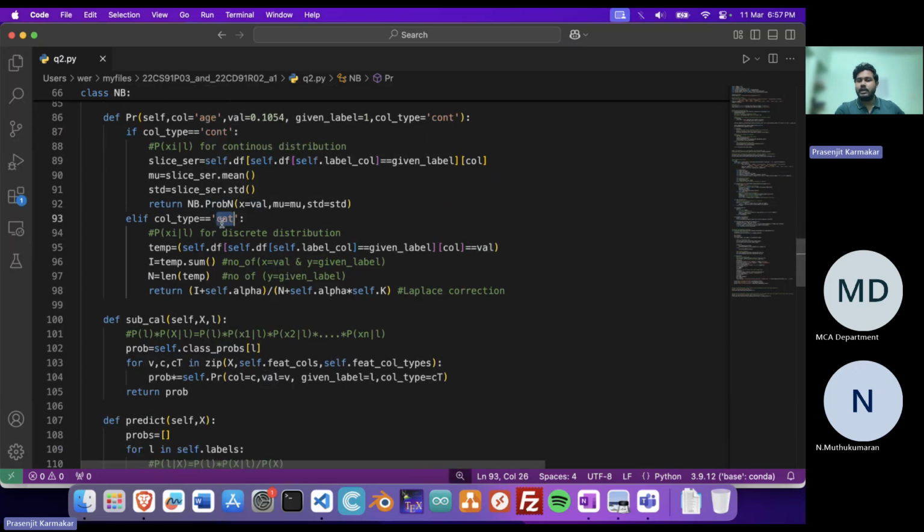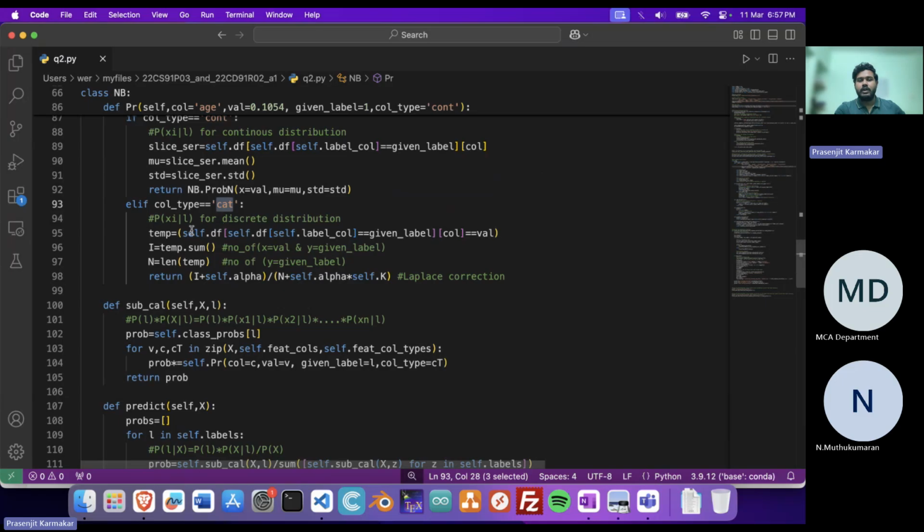Given it's a categorical feature, what you do is take the entire slice where that value matches, and then compute how many times a particular value occurs. Let's say my feature has a value of true.